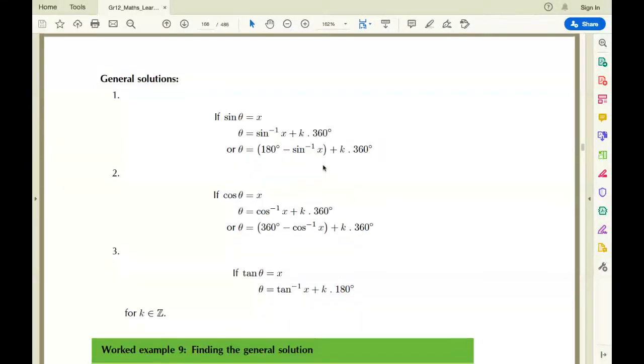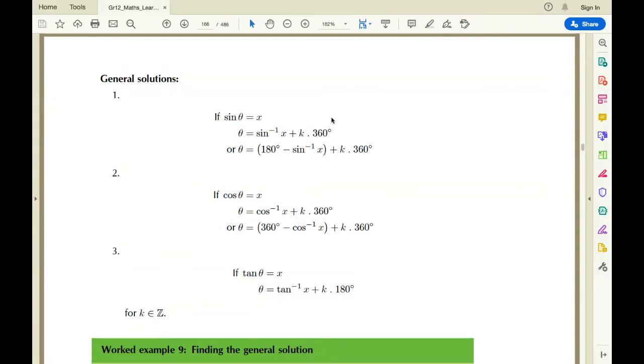I have the identity for sine 2 theta. We all know the identity. Okay, someone is asking, let's go to our general solution and quickly check our general solutions. Here is our general solution.